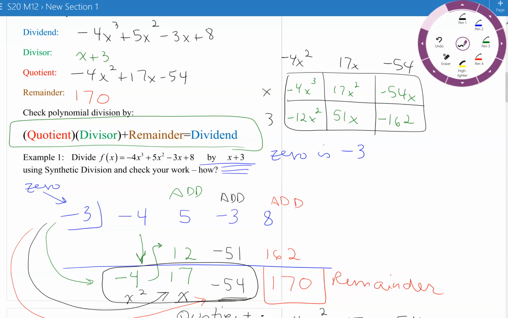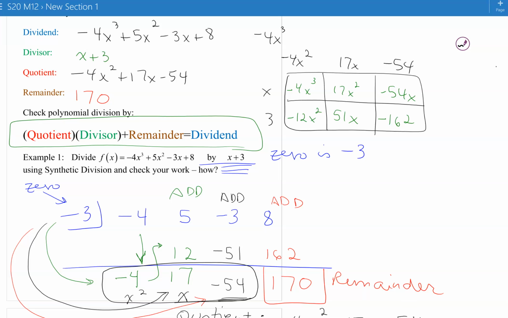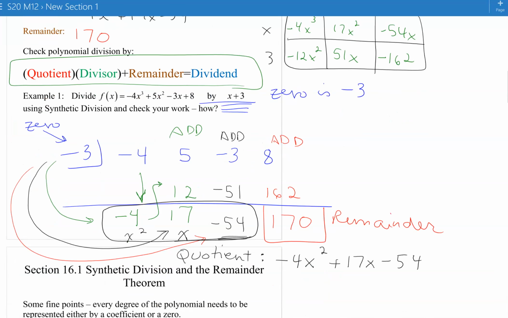So I'm going to write it above just because I have more space here. So I'll have negative 4x cubed plus 5x squared minus 3x minus 162. And then I add my remainder of 170 and make sure that that indeed matches my dividend. So then I know for sure I have the quotient correct and the remainder correct because I can check my answer.